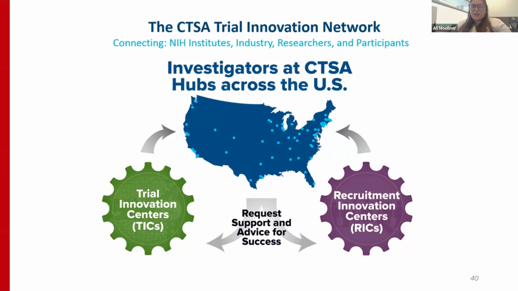And through the Trial Innovation Network, you can actually implement your trials and have access to additional sites. So that could increase your recruitment total. You're able to recruit a little faster because you have more sites. And you could have more various types of participants due to their regional locations.